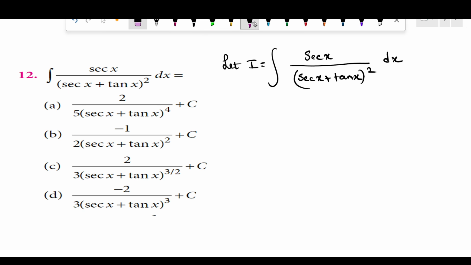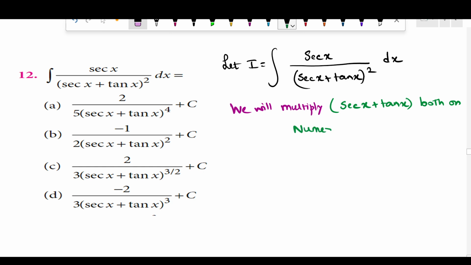We will multiply secant x plus tan x both on numerator and denominator, right?